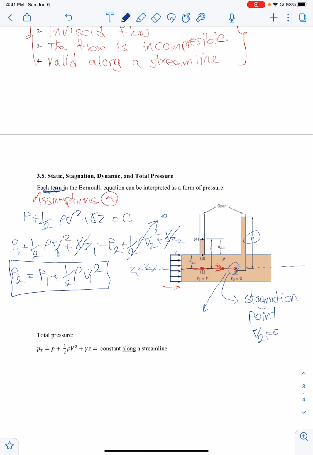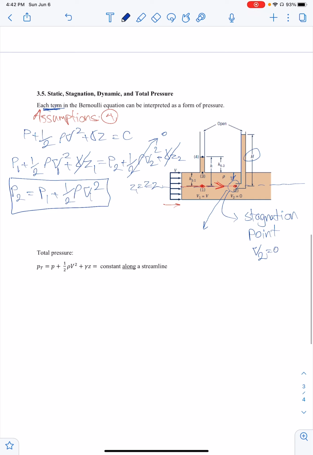So the fluid in the tube, including at the tip, which is right here, point 2, is going to be stationary. This is why we say that the velocity at 2 is 0. In other words, the stagnation pressure is a conversion of kinetic energy into pressure rise as a fluid is brought to rest.